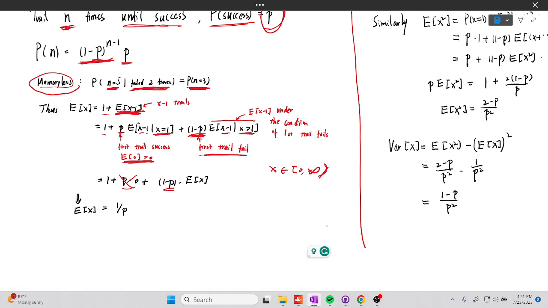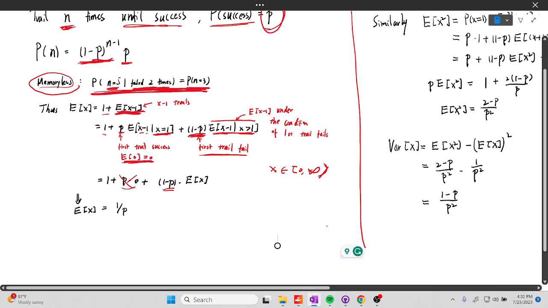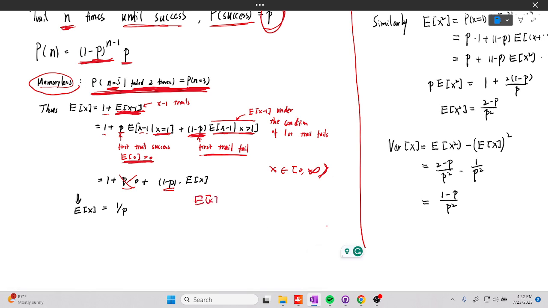And this looks familiar, the memorylessness. So actually E[X] equals E[X minus 1 given X greater than 1]. So under the condition that you already failed 1 time, how many more times it will take is exactly the same, due to the memoryless property of the geometric distribution.